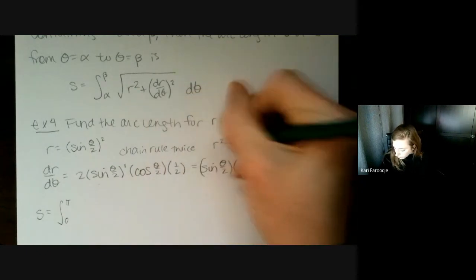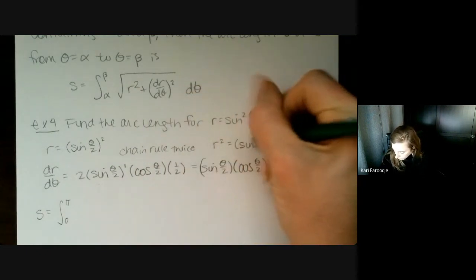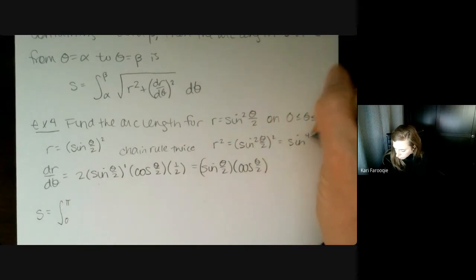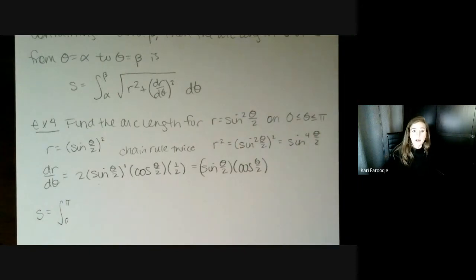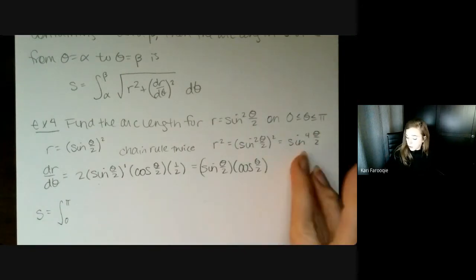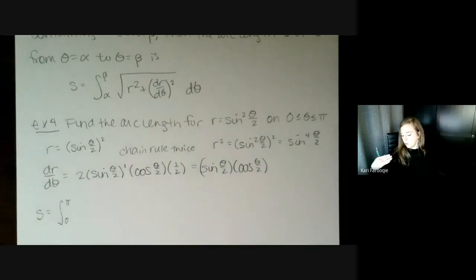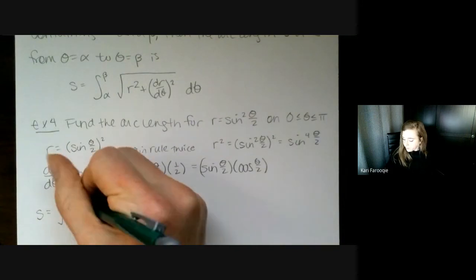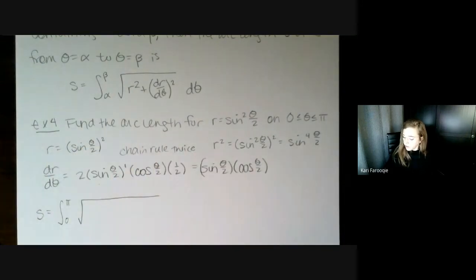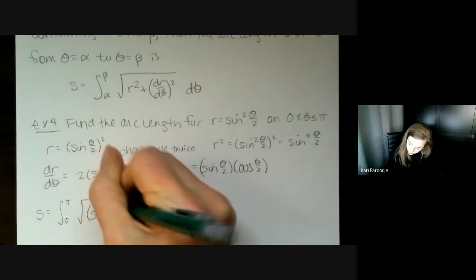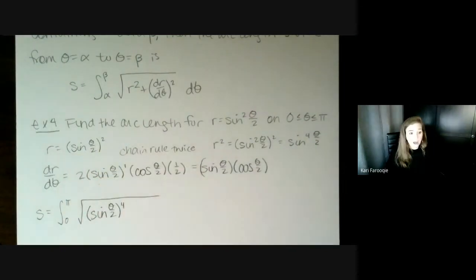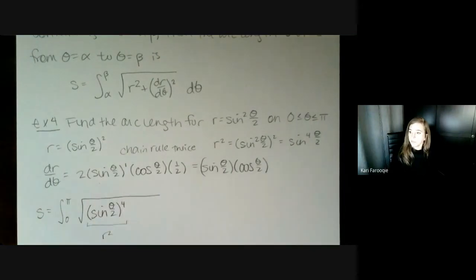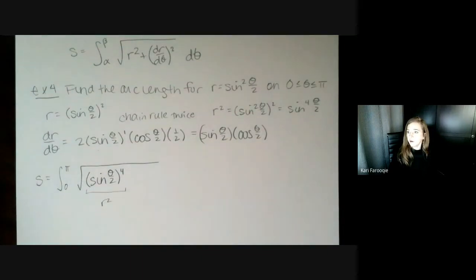But r squared would be sine squared theta over 2 squared, which is the sine to the 4th power of theta over 2. And you might even want to write that in this form so it's a little bit more obvious what's happening. I'm going to do that with mine. So I'm going to write my square root. And we're going to write this as sine theta over 2 to the 4th power. So that's your r squared. And then I'm going to add this to dr d theta quantity squared.